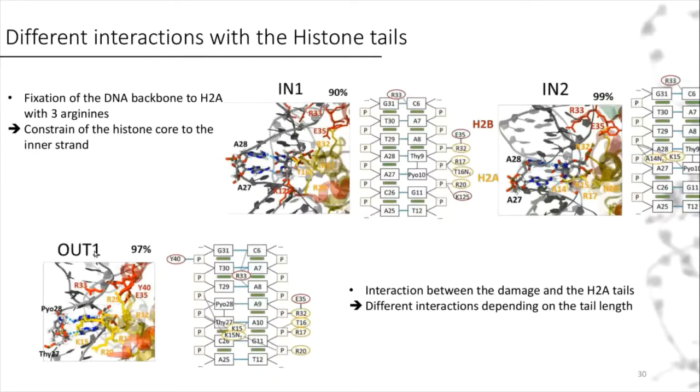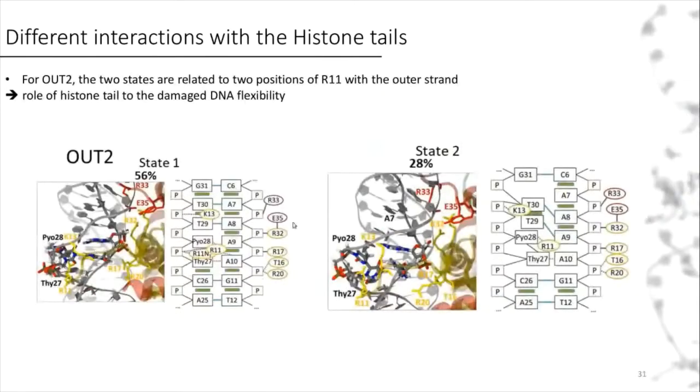But if you go to OUT2, the tail now goes to arginine 11, and arginine 11 can also interact with the phosphate, but also with the damage in 2 different positions. And these 2 different positions correspond to the 2 states revealed by cluster analysis.